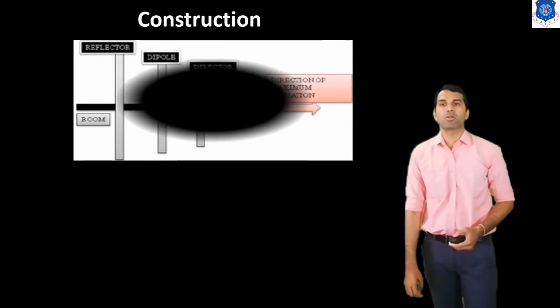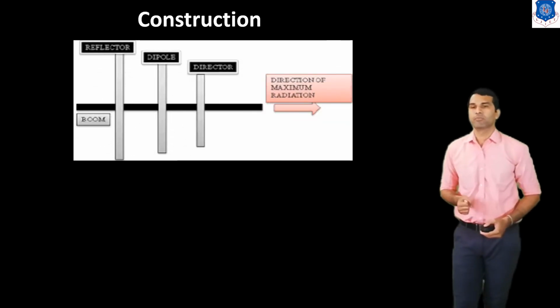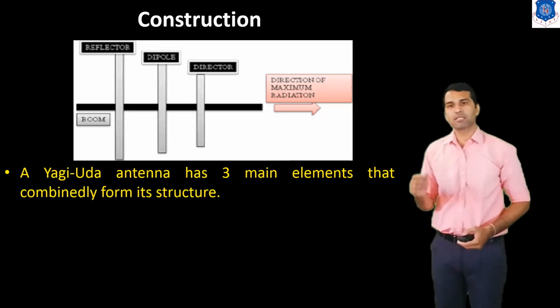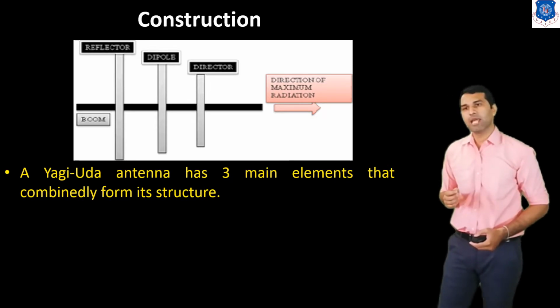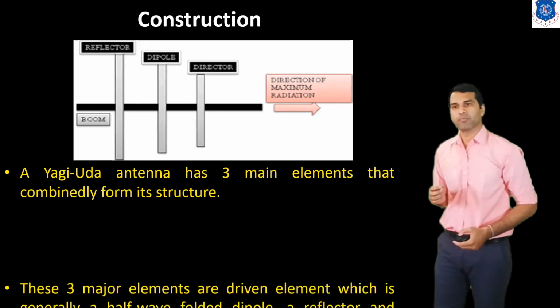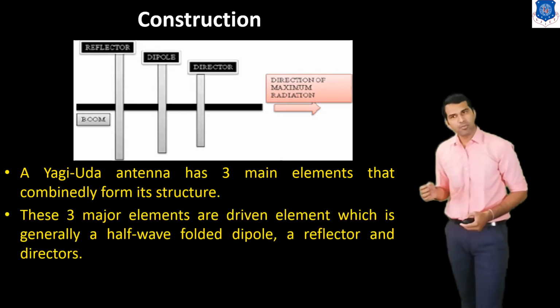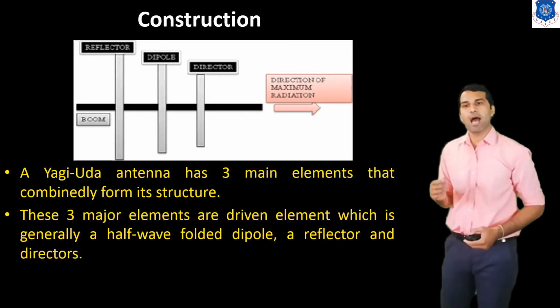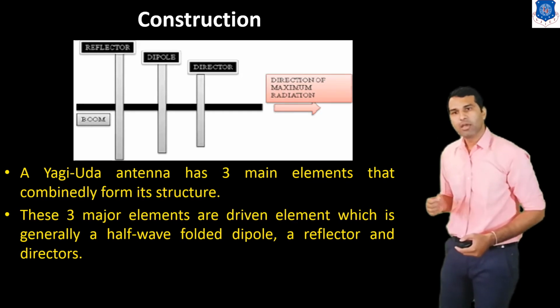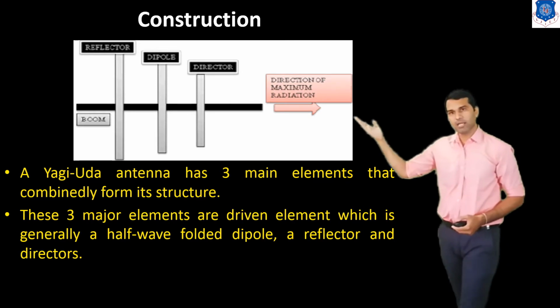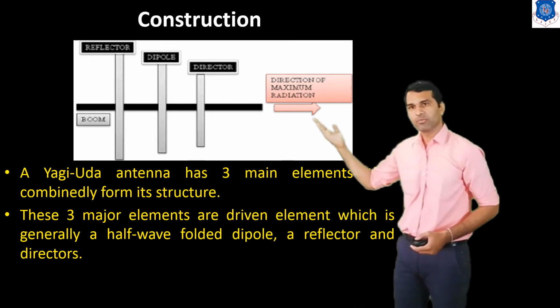Now we discuss the construction of the Yagi-Uda antenna. Here the Yagi-Uda antenna has three main elements that form its structure. The three major elements are the driver element, which is generally a half-wave folded dipole, a reflector and a director. In this figure, we can see the construction.